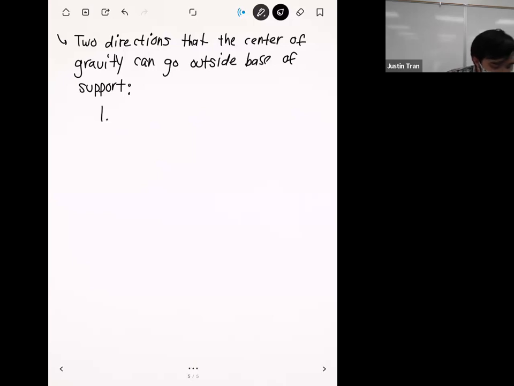The first direction is either from your front or your back. And so that's one distinction. And the other way is side to side, basically, so left and right.